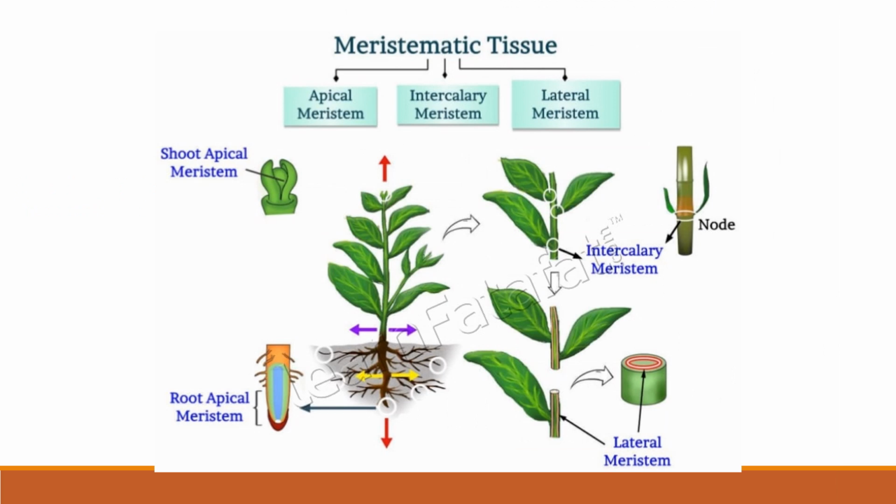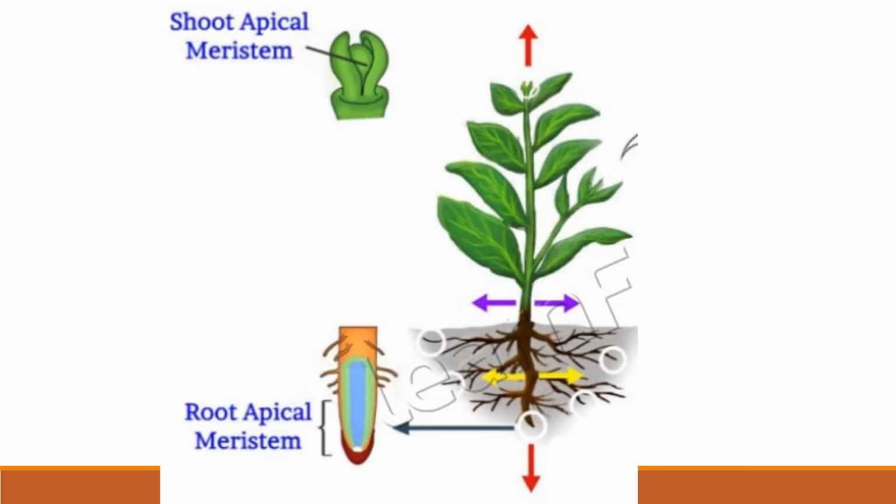Now, when we talk about the apical, intercalary, and lateral meristem in detail, first is the apical meristem. You can see that the plant has a tip, and these are the tissues at the tip of the roots and the shoot.